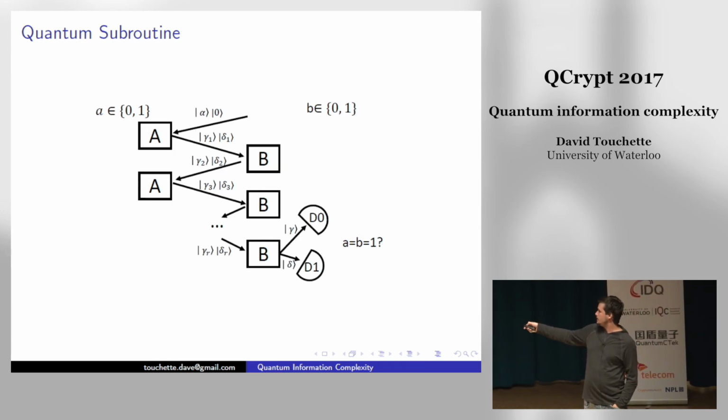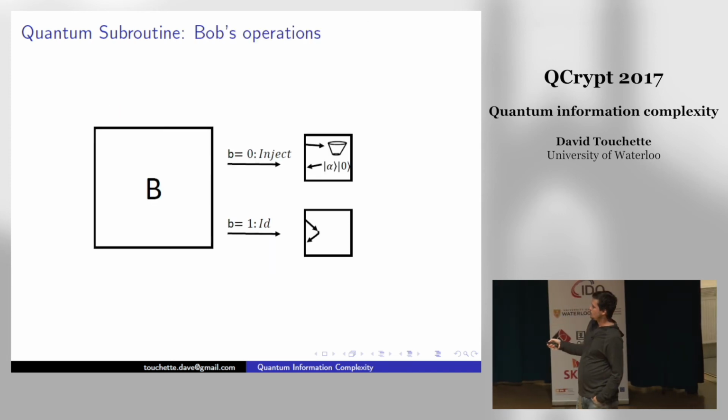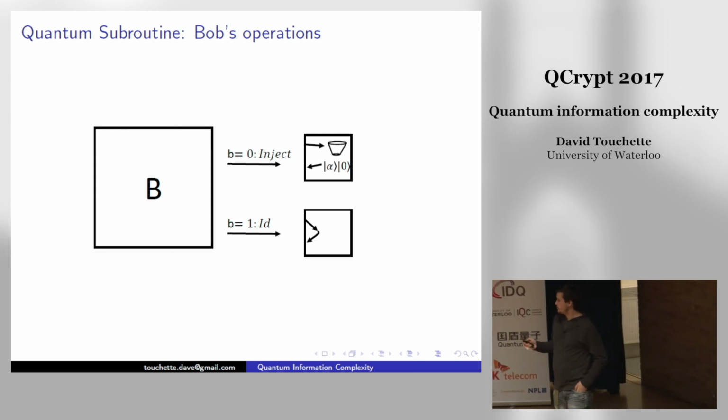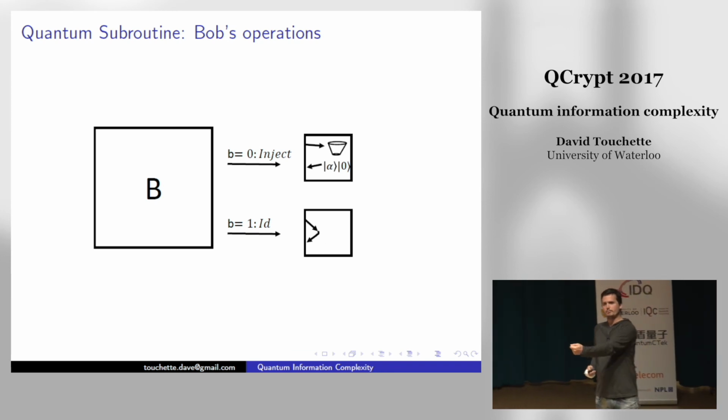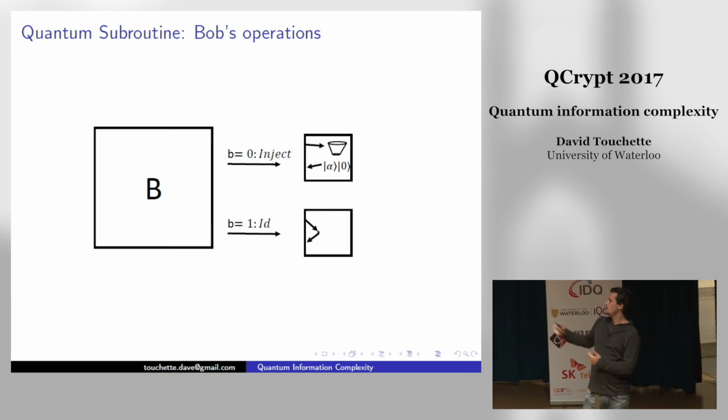Now, what should Bob do on his side? In the case where his input is 0, he doesn't want Alice to rotate all the way from the first coherent state to the second one. So he takes Alice's message, puts it in the trash bin, and re-injects a fresh alpha 0 state.